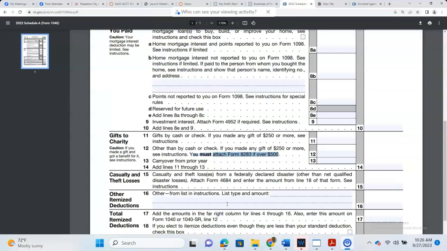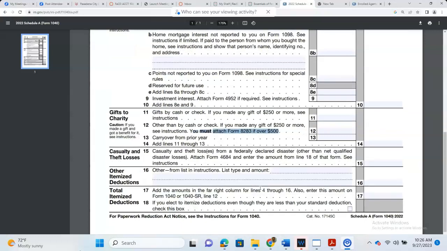And other itemized deductions are things that you can line up. Depending on what it is, name them, and then put them in itemized deductions.